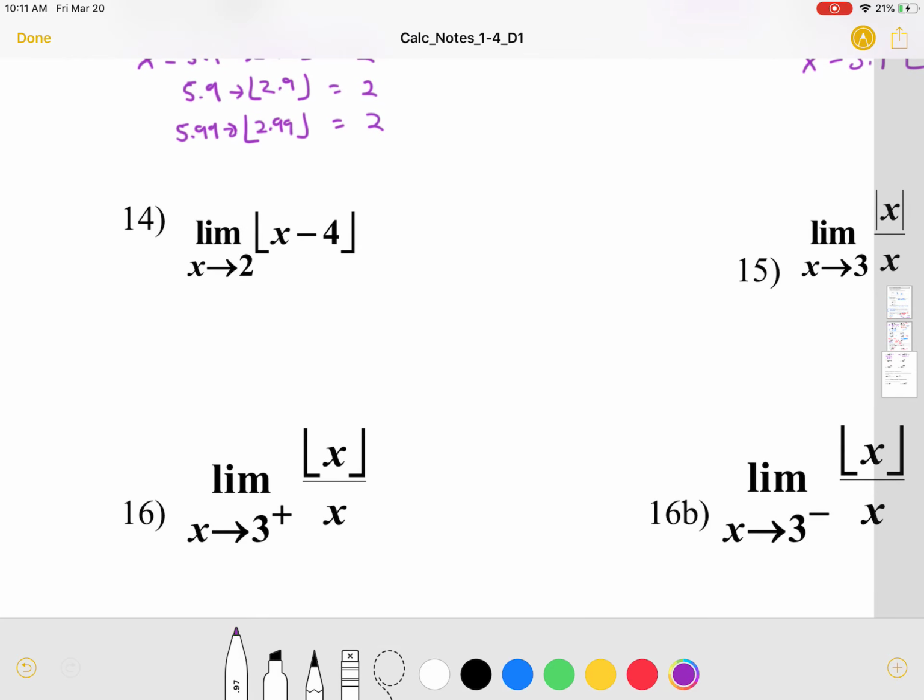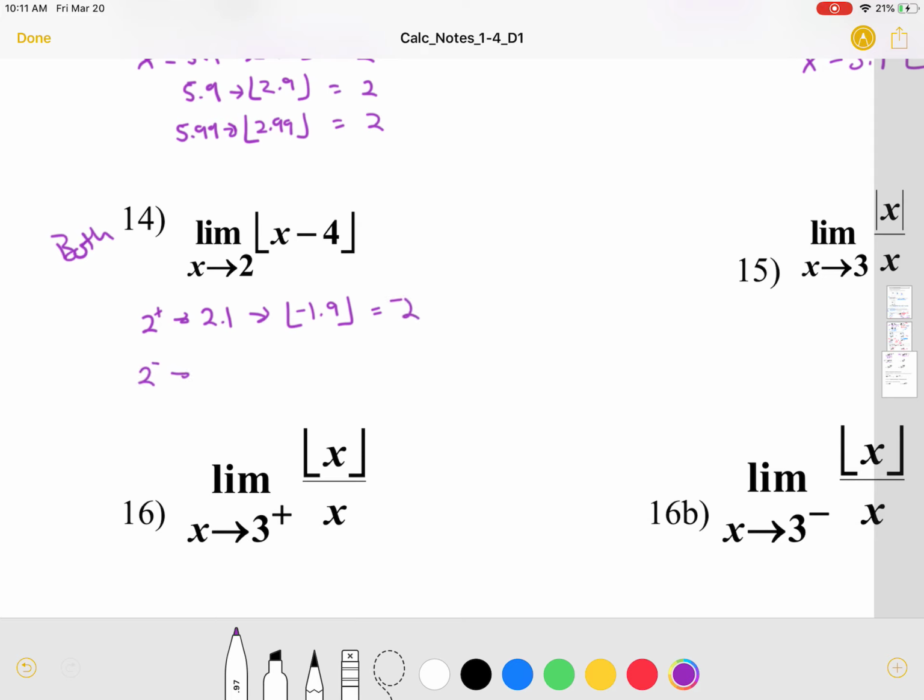Okay, 14. It's asking us to test it from, no positive, negative, both sides. So first let's test it from the positive side for our positive 2. Let's just throw in a 2.1. That'll give us a little step of negative 1.9, takes us to negative 2.